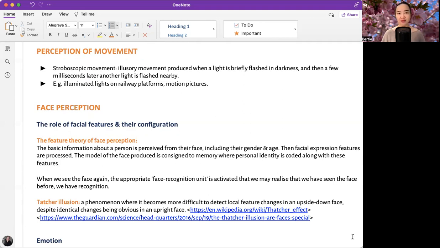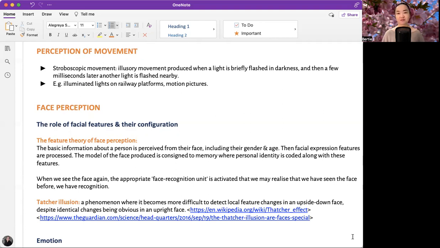Stroboscopic movement. Illusory movement produced when a light is briefly flashed in darkness, and then a few milliseconds later, another light is flashed nearby. For example, illuminated lights on a railway platform or motion pictures.